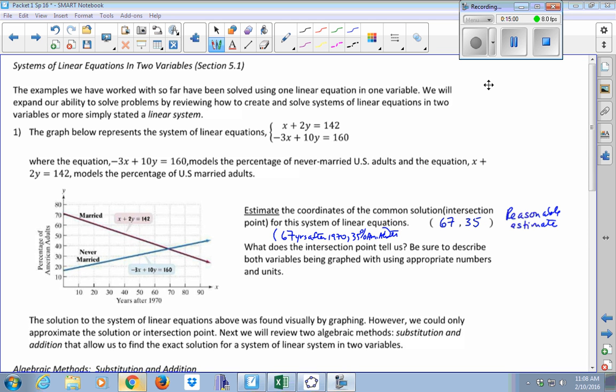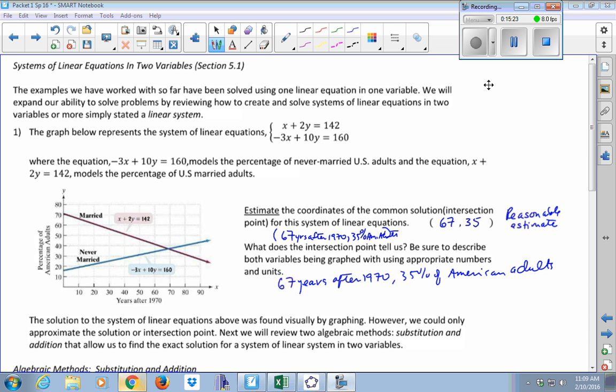When you read that straight across, you'll get a literal, explicit interpretation. You can say 67 years after 1970, 35% of American adults, well, what do I say now?